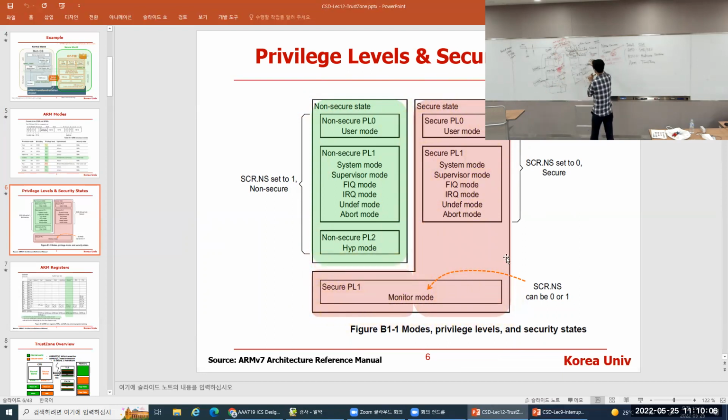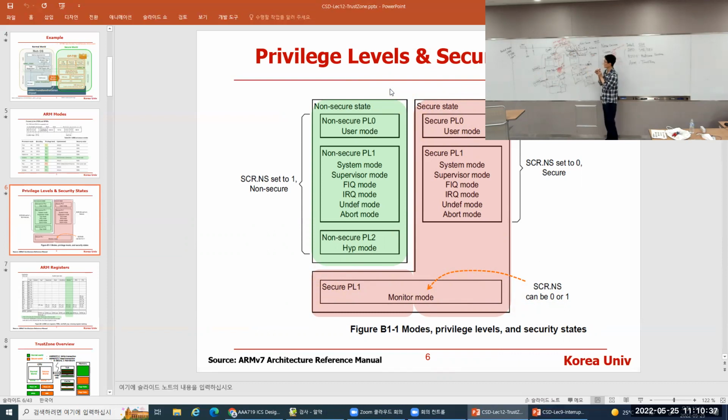I told you that if the NS bit is 1, then you are in normal world, and if the NS bit is 0, then you are in secure world. But monitor mode is an exception. In monitor mode, regardless of the NS bit, you are in secure state, secure world.